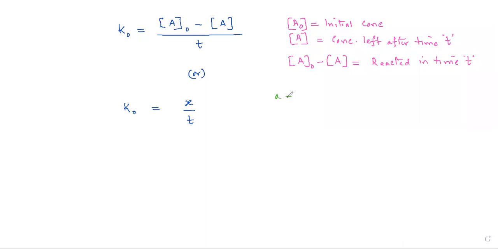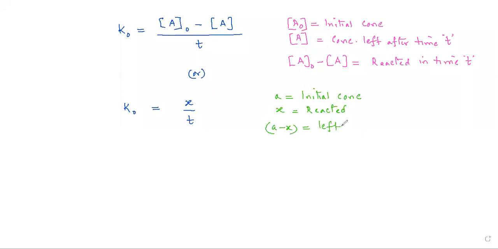See, in this particular format, A is used to represent the initial concentration. x gives us information about the amount reacted. Then A minus x is left out. Okay.